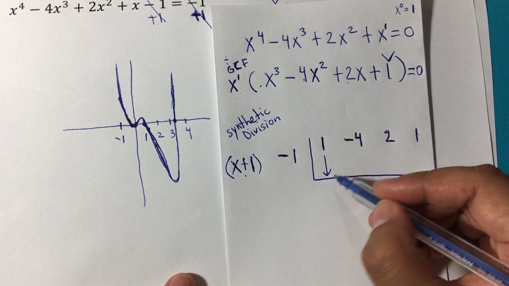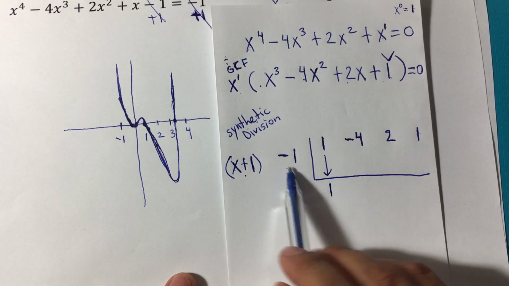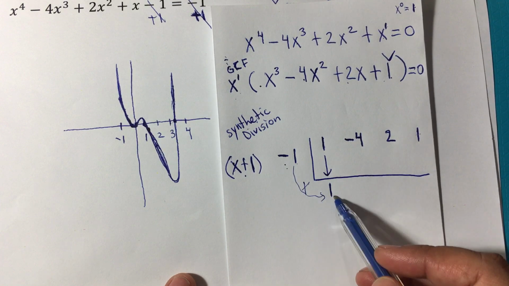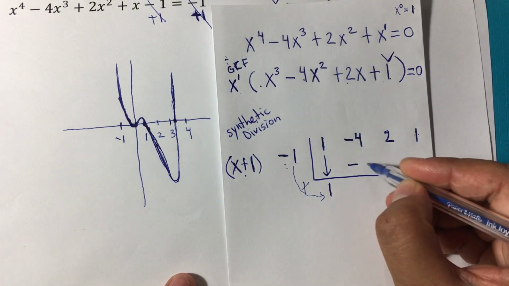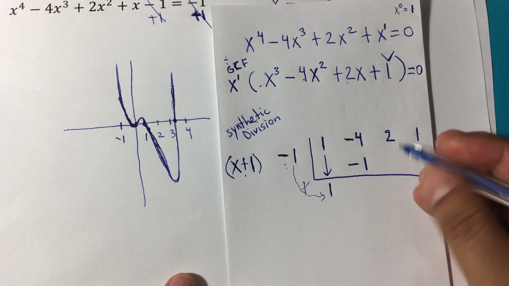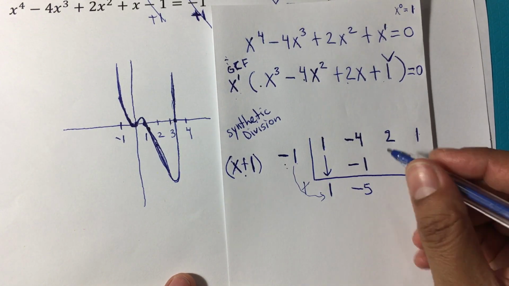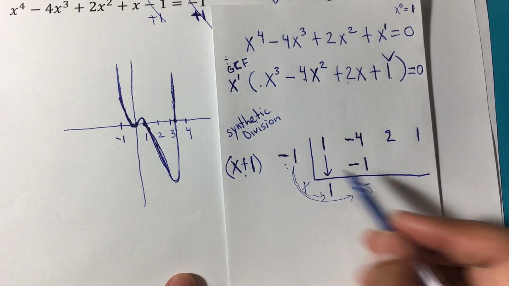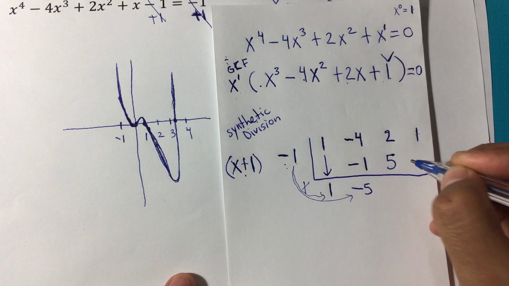If you remember, bring down the 1 and then start multiplying. Negative 1 times 1 is negative 1, and we put it up here. We combine, negative 4 and negative 1 is negative 5. Then negative 1 times negative 5 is positive 5.